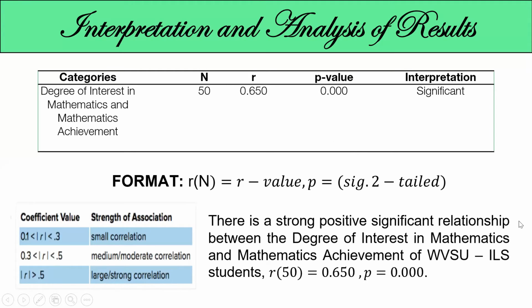The significant relationship, I get from the interpretation. So there is a strong positive significant relationship between the degree of interest in mathematics and mathematics achievement of WVSU ILS students. r(50) = 0.650, comma, p = 0.000.